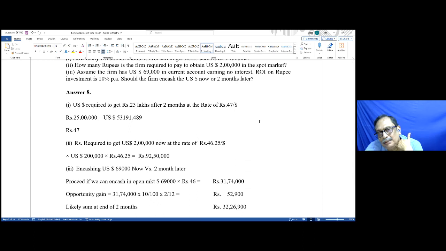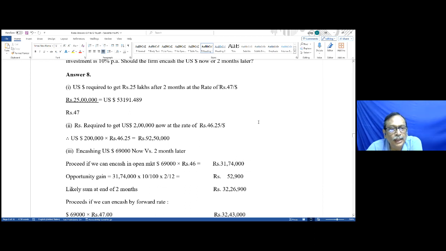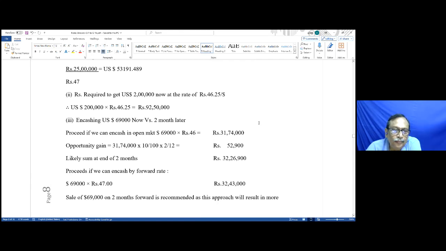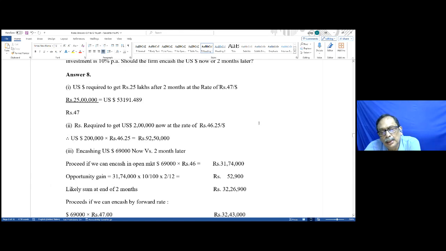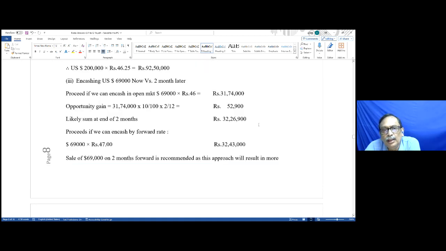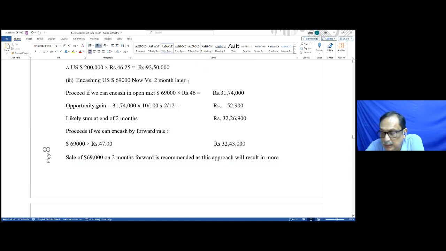Should the firm encash the US dollar now or 2 months later? Okay, so it is a decision-making question. So, encashing US dollar 69,000 now versus 2 months later. It is better to write 2 months later.